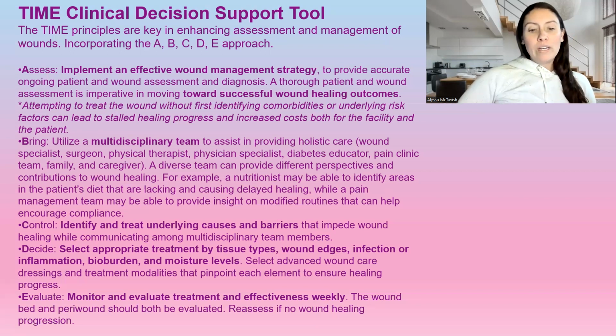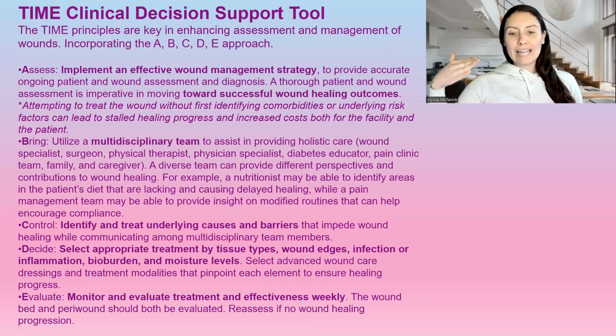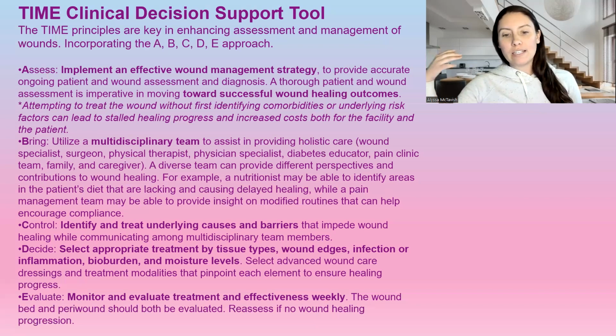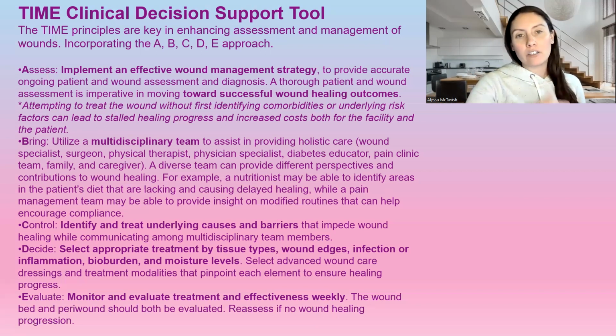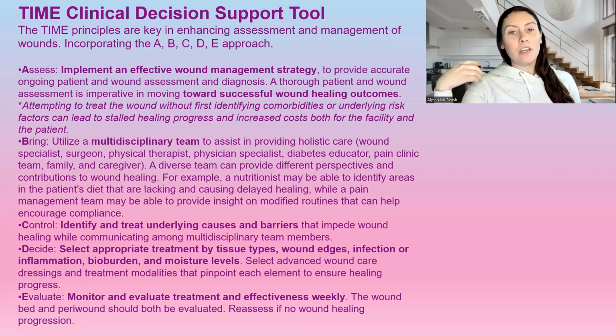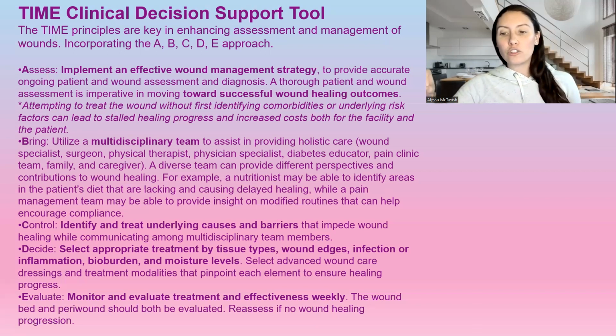Okay? We need to control, so identify and treat underlying causes and barriers. Okay, so what's the cause of the wound? What are any barriers? We need to recognize them, communicate with our team, and find ways to control the situation to get the outcome that we want. We need to decide the appropriate treatment.